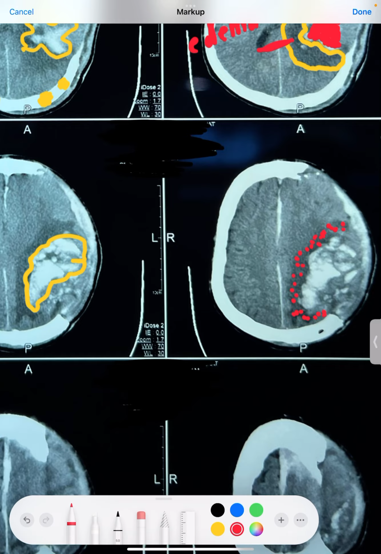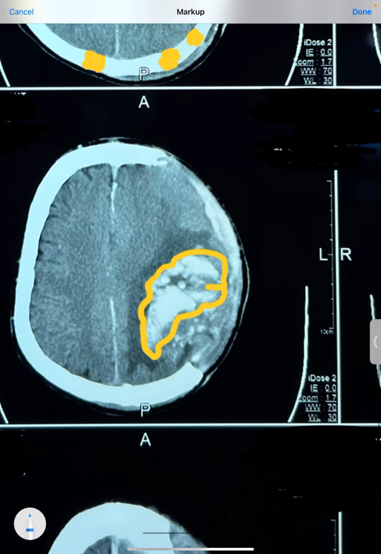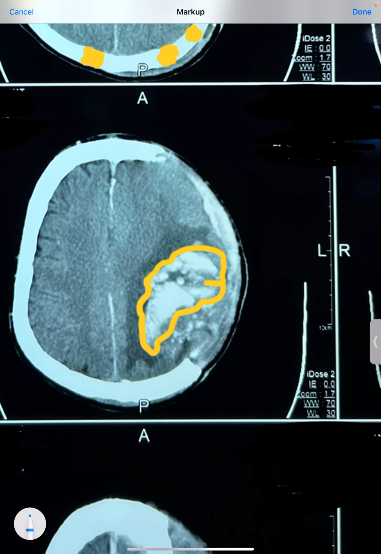Now the other thing that we need to see in this CT scan is that usually the brain is symmetrical, means brain symmetry is always preserved. Now this is the diameter. The brain midline was supposed to be in this area. So this is more of a center of the film.